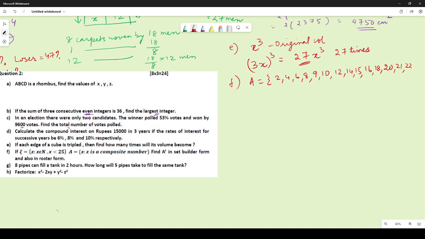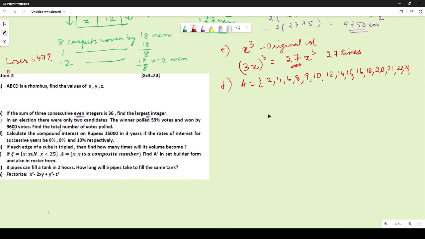21, 22, 23 and 24. Right? Now this is less than 25, so we will not include 25 in it. So what does A complement get you? A complement will get you 1, 3, 5, 7, 11, 17, 19, and that's that.